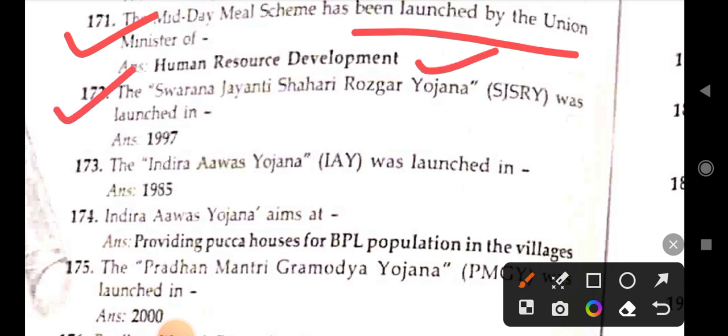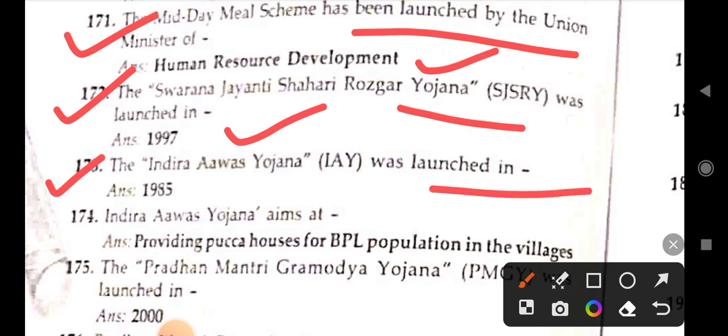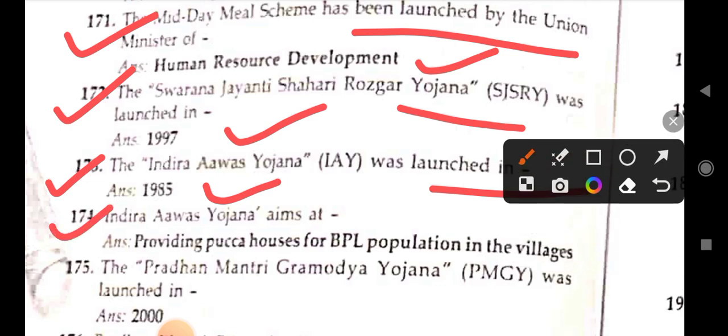The Swarna Jayanti Shahari Rozgar Yojana, SJSRY, was launched in 1997. The Indira Awas Yojana, IAY, was launched in 1985. Indira Awas Yojana aimed at providing pucca houses to the BPL population in villages.